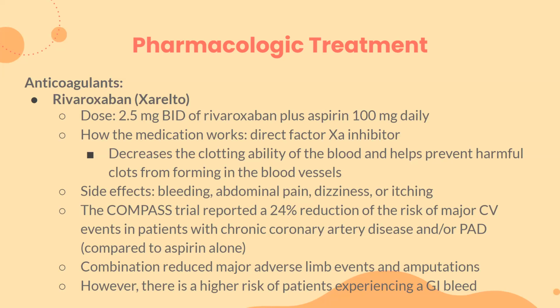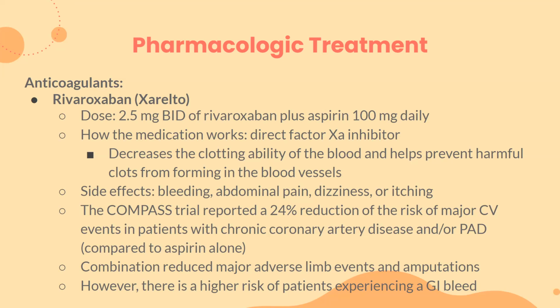What makes this combination of therapy most attractive is that we have data from the COMPASS trial that shows a 24% reduction in the risk of major CV events in patients with chronic coronary artery disease and/or PAD. So it does have the PAD data. So that's what we're most concerned with.